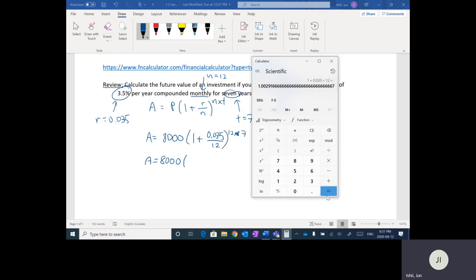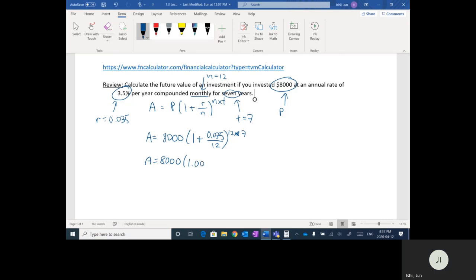We get this decimal here, 1.0029166, and the 6 repeats. The rounding itself we're going to leave to the end, so I'm just going to leave it in the calculator like that.